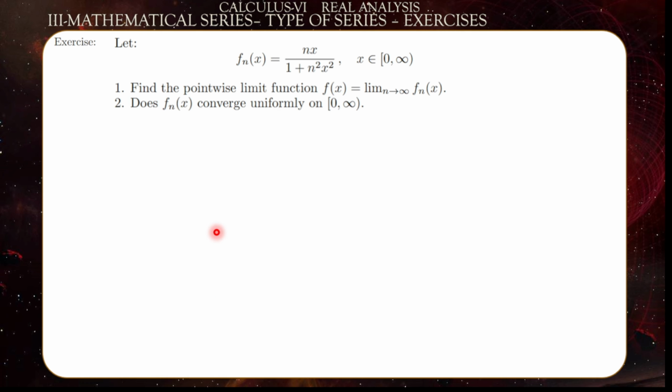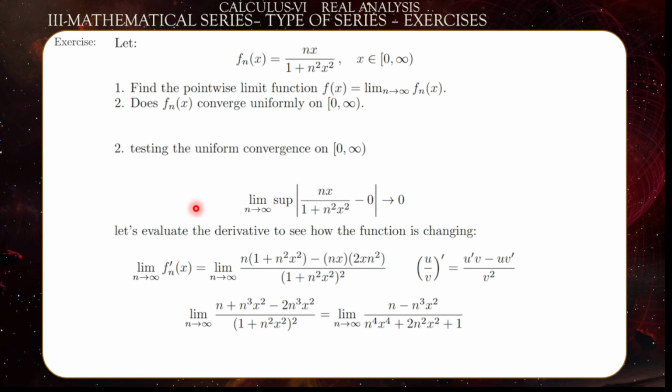Now let's test the uniform convergence on 0 to infinity. So the limit of the supremum of f_n(x), which is nx divided by 1 plus n squared x squared, minus f(x), which is the pointwise limit that we've gotten, which is 0, should approach 0.